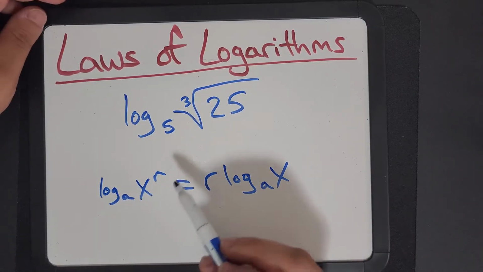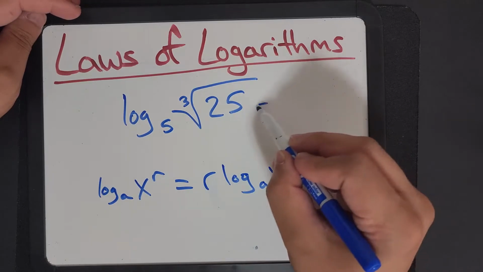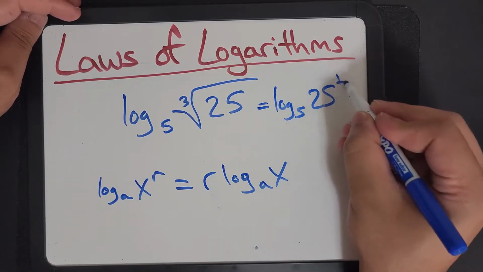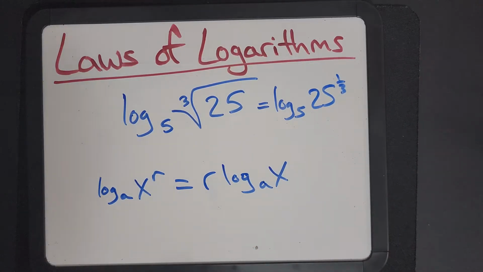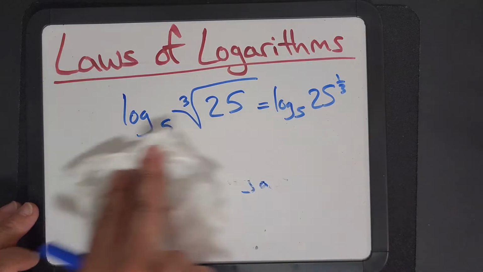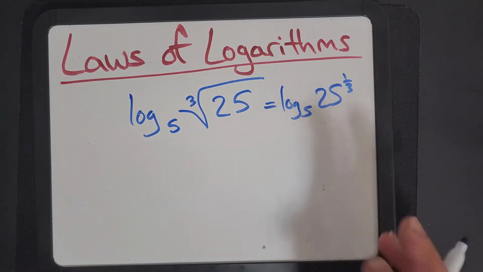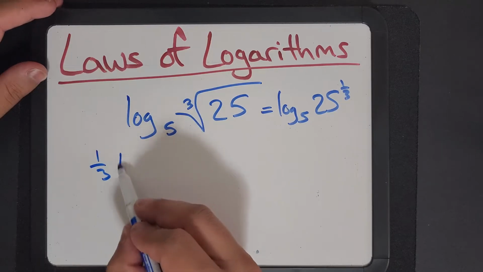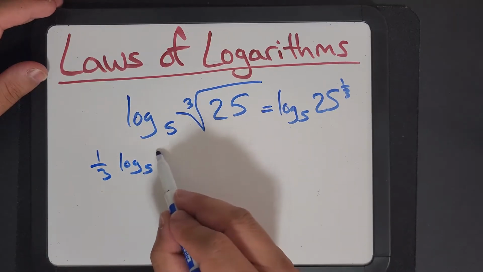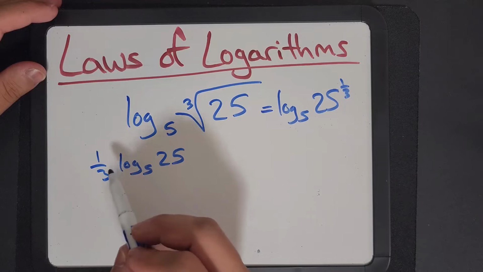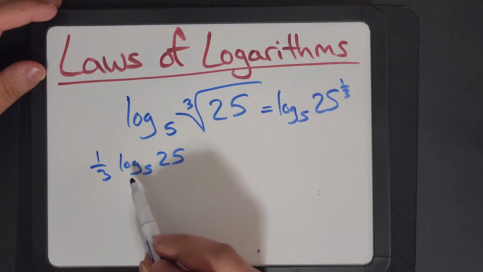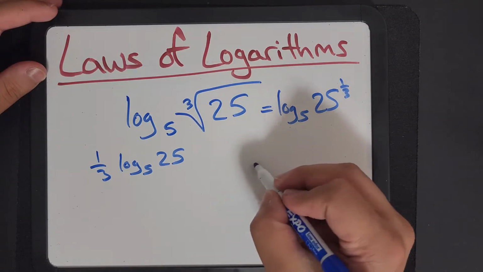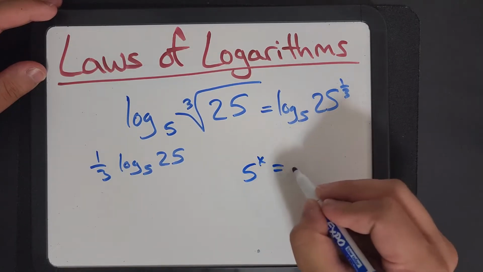You might be wondering, what's our r? Well, actually, this we can rewrite as log 5, 25 to the 1 over 3. So, let's rewrite that over here, 1 over 3 log 5, 25. Now this expression here, log 5, 25, that alone should give me 5 to the x equals 25.